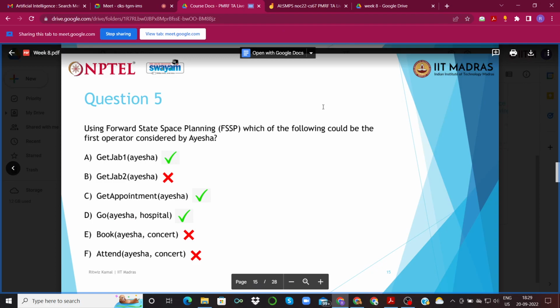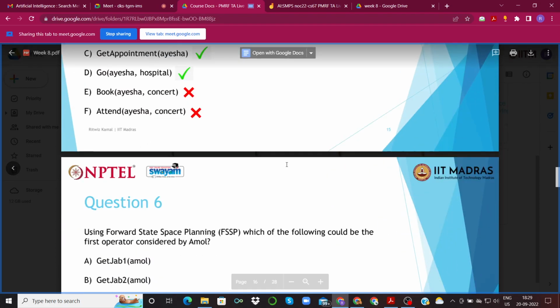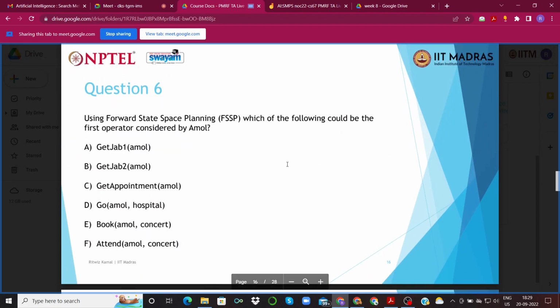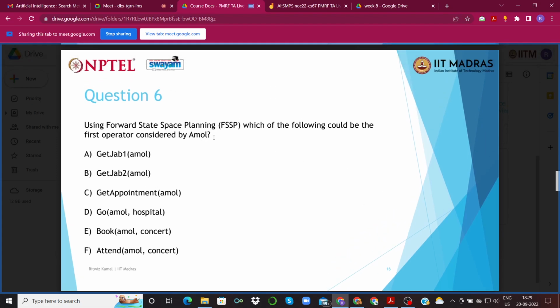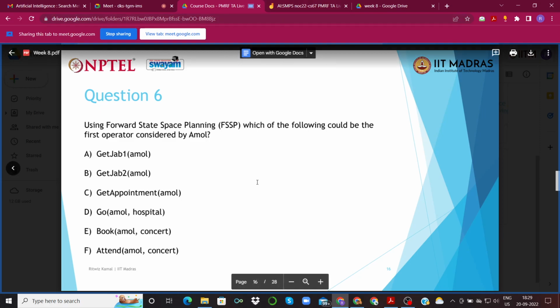Okay, so if this is clear, we'll quickly move to the next question, which is again FSSP, but for Amol over here. So which of the following options could be correct for Amol?